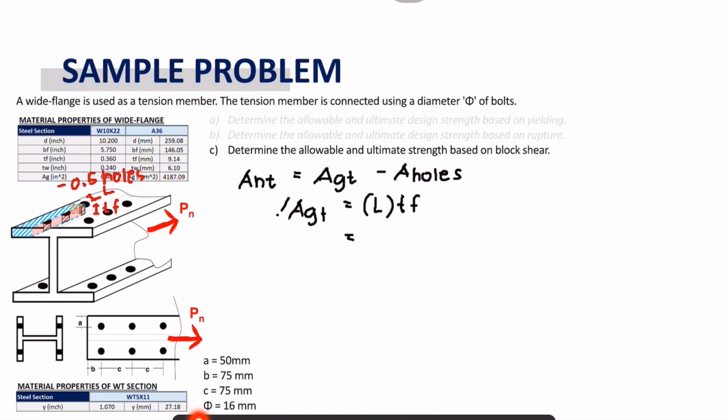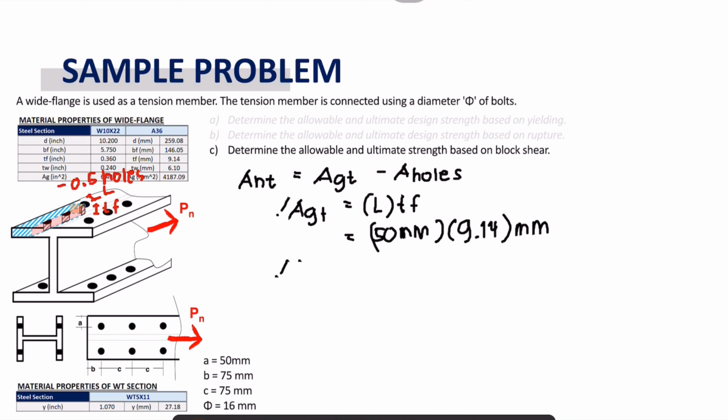So, ano ba yung length na yan? Kung itong length na to yung hinahanap, kung titignan natin sa top view, itong length na yon yung kailangan natin, no? Which is a distance or 50 millimeters. So, yung 50 millimeters, imumultiply natin doon sa thickness ng ating flange, which is 9.14 millimeters.